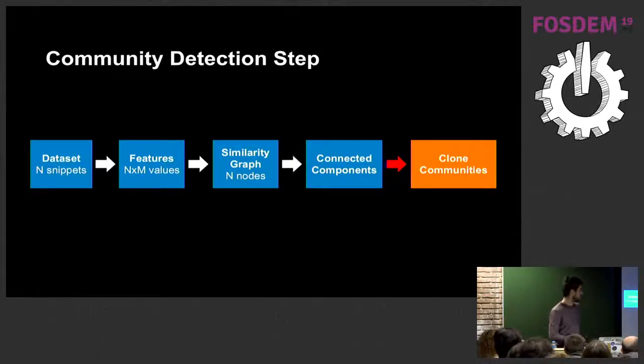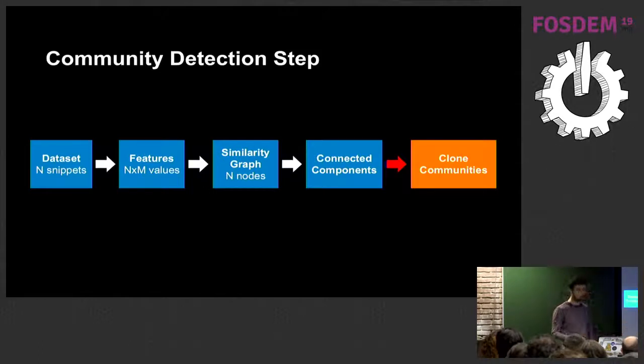So why do we do this? You could imagine that all snippets in one connected component would be clones. However, in practice, this isn't true, because if you take three snippets, for example A, B, and C, and imagine that A and B hash to the same bucket and B and C hash to the same bucket, let's take a threshold of 0.8, then in the worst case, even though there's a similarity of 0.8 between A and B and between B and C, you'd only have maybe 0.64 similarity between A and C. And if you increase the number of hops, the similarity is going to drop.